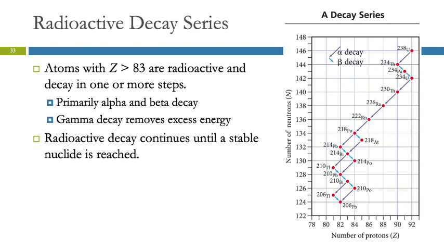So that's kind of nice. And then beta decay, we're losing neutrons. We're losing protons and gaining neutrons. There may be gamma decay also, but that just gets rid of excess energy.